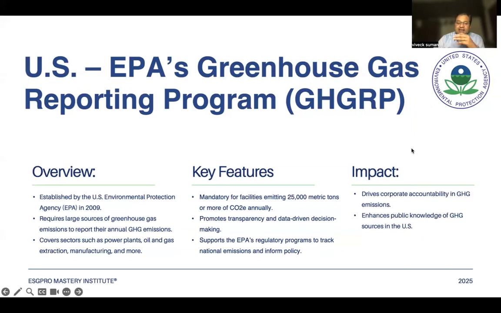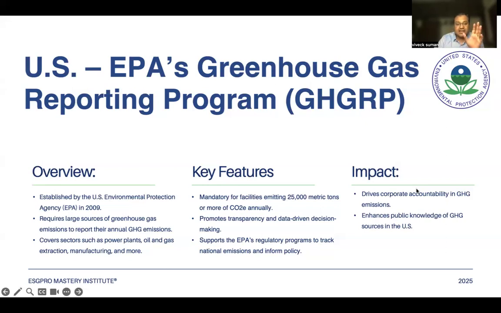It requires the biggest greenhouse gas emitters, from power plants to oil rigs to factories, the largest emitters, to open their books. The Environmental Protection Agency of the US forced them to report what they are putting into our atmosphere every year. They have to disclose that under the GHGRP program.